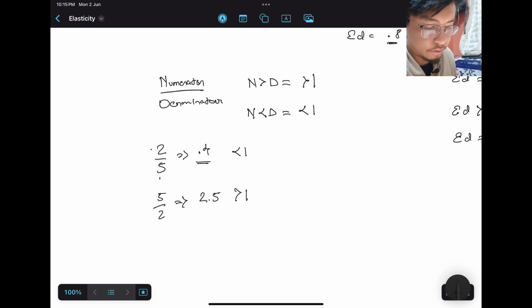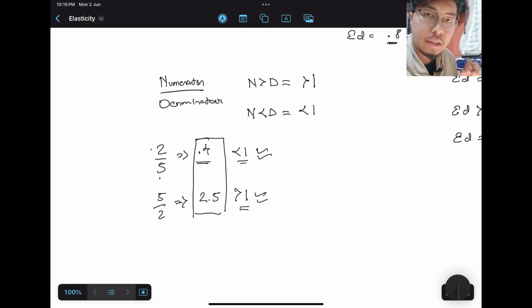So your numerator is more than your denominator. That's why you got less than 1, more than 1. You need not get into this. This is not required. What is required is just knowing that the value is going to be less than 1 or more than 1.